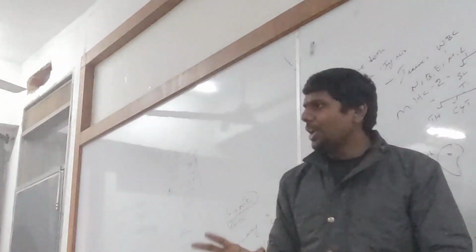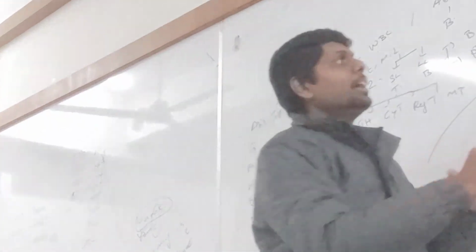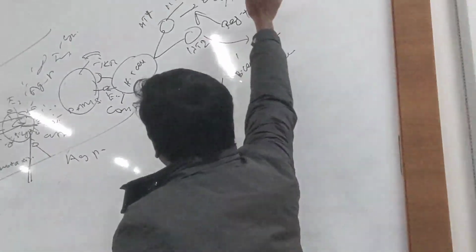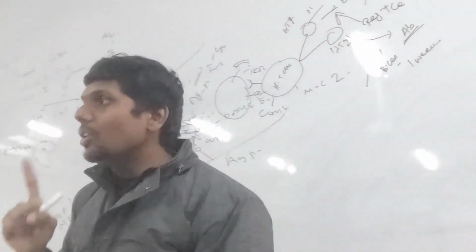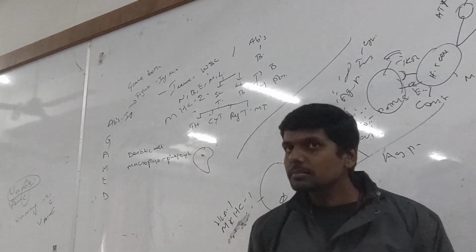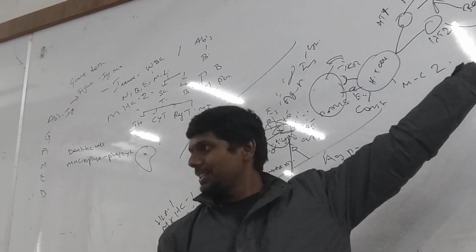There should be some regulator for the encounter specialist, and that is the regulatory T cell. The regulatory T cell is just there to control cytotoxic activity. Is it clear? Now you understood the story.